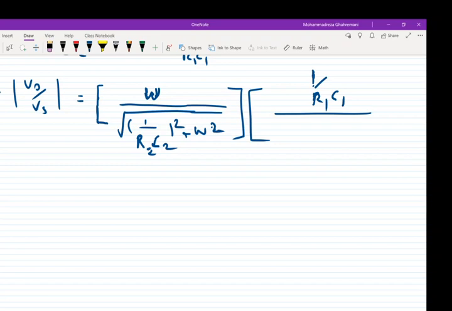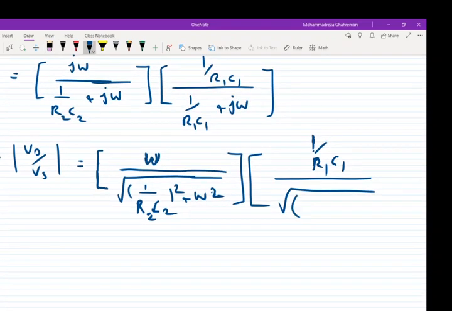Okay, let's try to see if it's working. Square root of (1 over R1C1) square plus omega square. Okay.